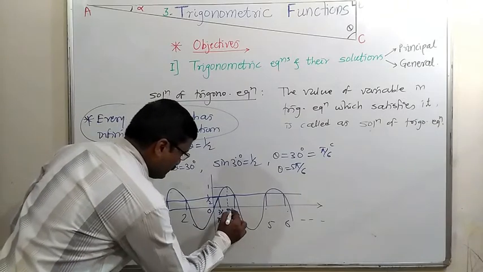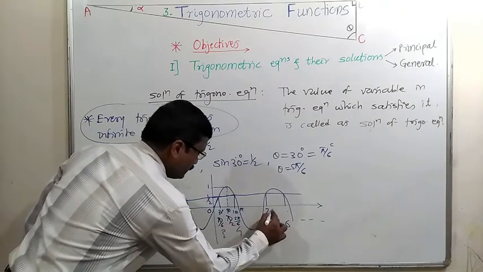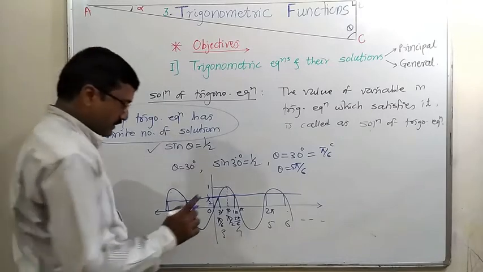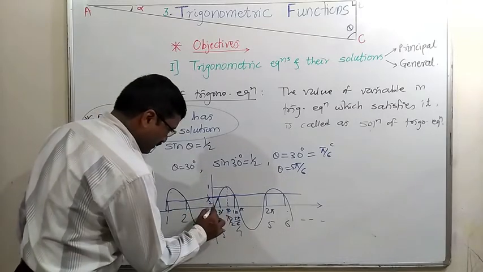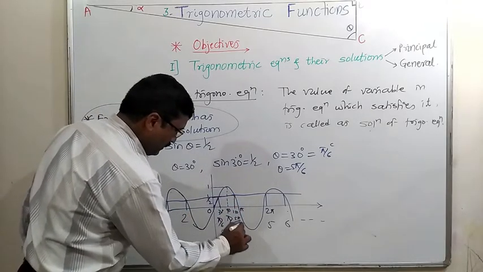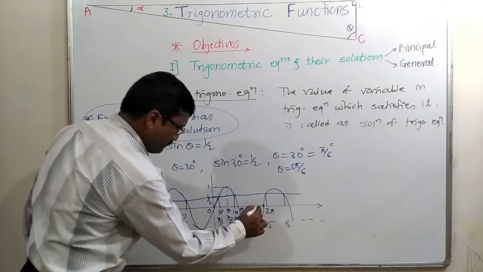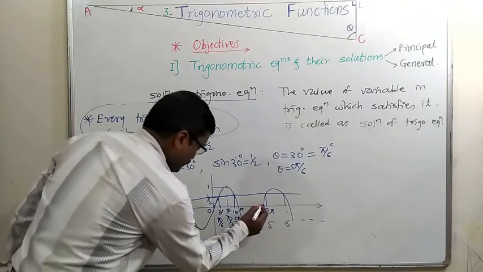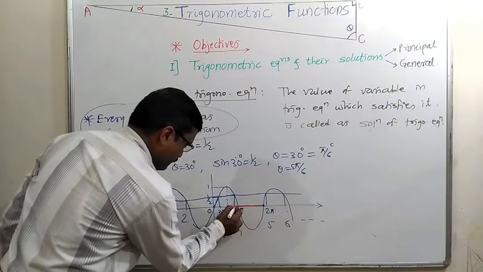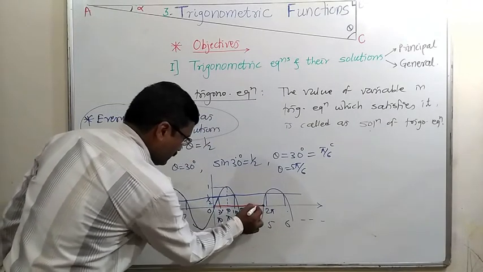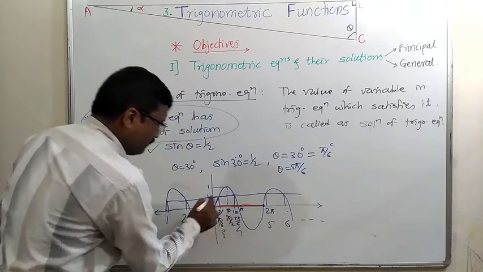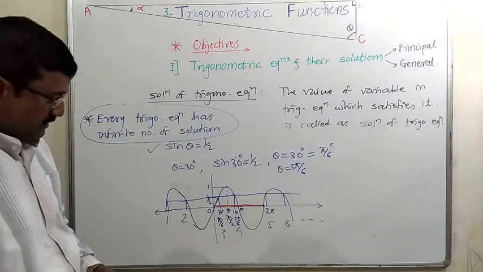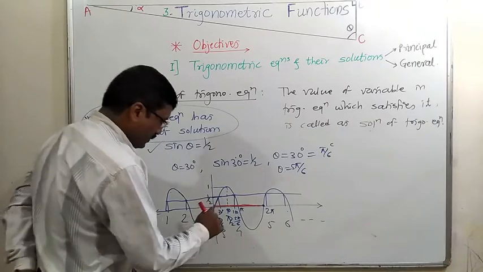Here is angle 0, here is pi, here is 2 pi. In the interval 0, pi, 2 pi, up to this, if you see this interval, then in this interval this trigonometric function sin theta completes one cycle, means one oscillation.